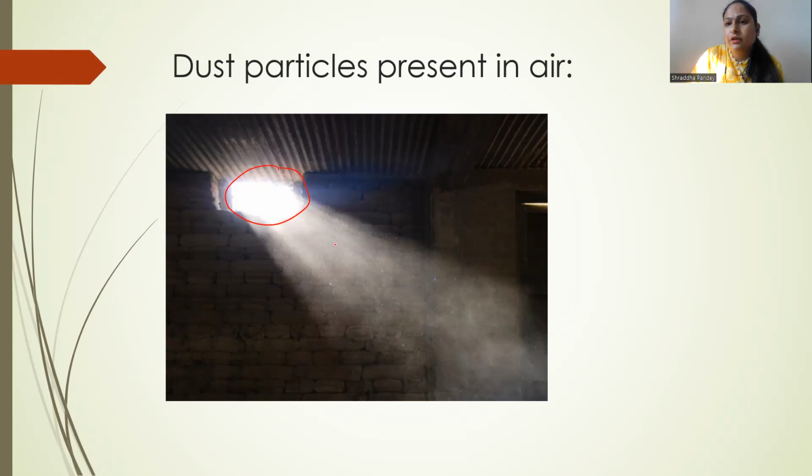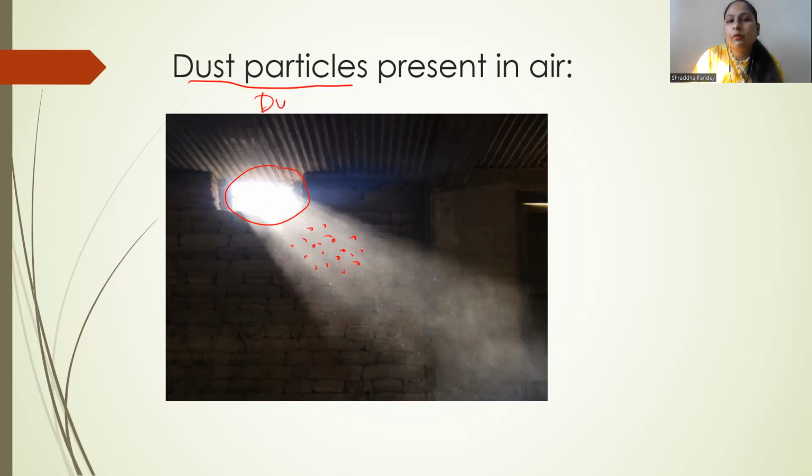In that light, you can see some particles dancing, moving in a random motion. In that beam of light, some particles are moving, and those particles are called dust particles.